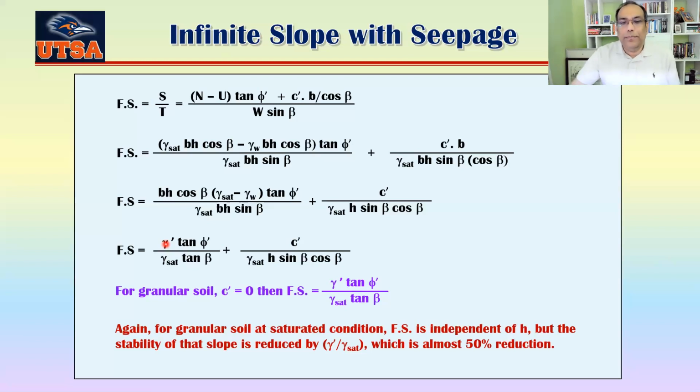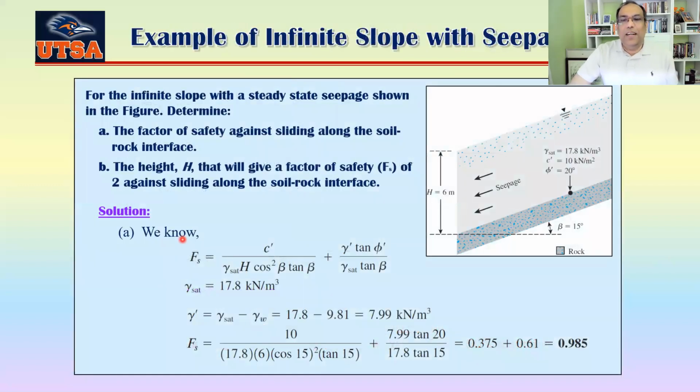Okay, now let's see some examples here. This one is saying that for the infinite slope with the steady state seepage shown in the figure, determine the factor of safety against sliding along the soil rock interface. So here, this interface is here.